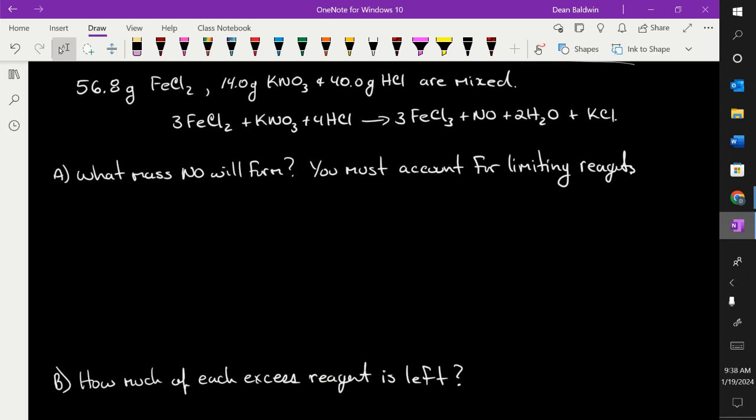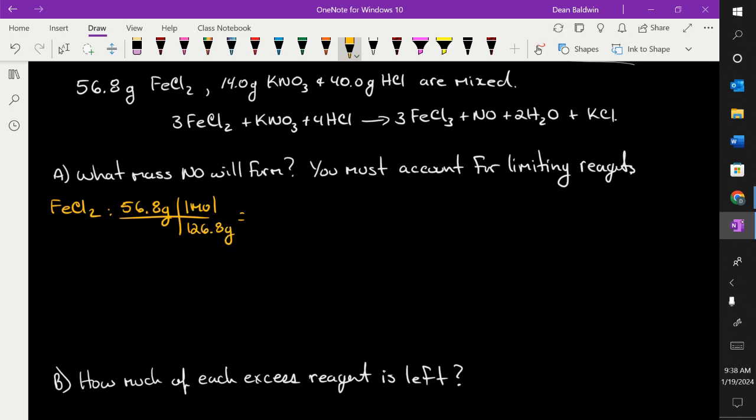So what is the first thing we need to do? Yeah, we don't want grams, we want moles. So you gotta figure out the moles of each of the reactants. So for iron chloride, we have 56.8 grams. 1 mole is 126.8.